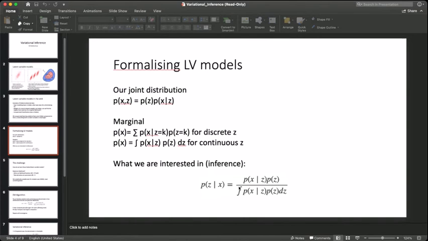And you do this because of the conditional rule, p of z given x would be equal to what I just described.